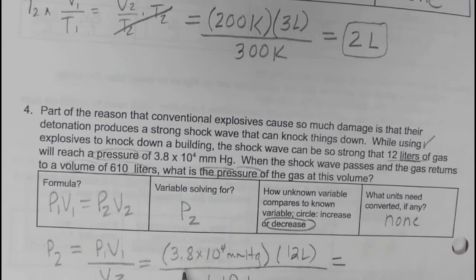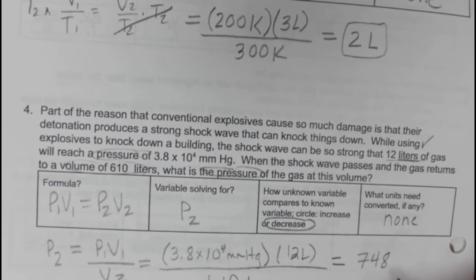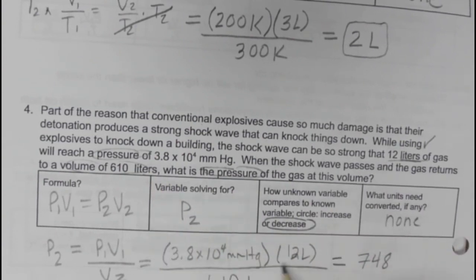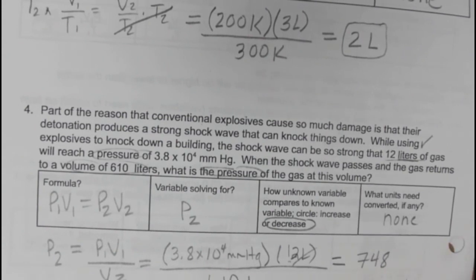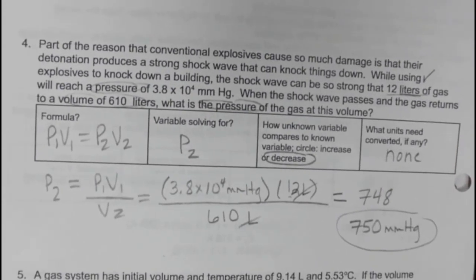So when we take 3.8 times 10 to the 4th times 12 divided by 610, we get 748. But we're going to want 2 sig figs because that's 2, that's 2, that's 2. So 750. And what's our unit? Well, these liters cancel. Millimeters of mercury. So that's how we do that one.